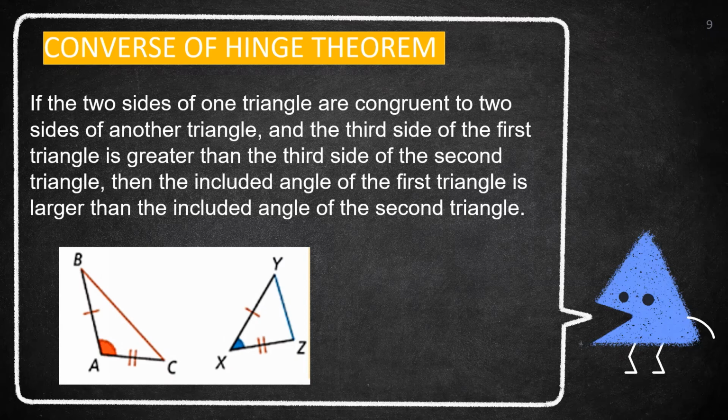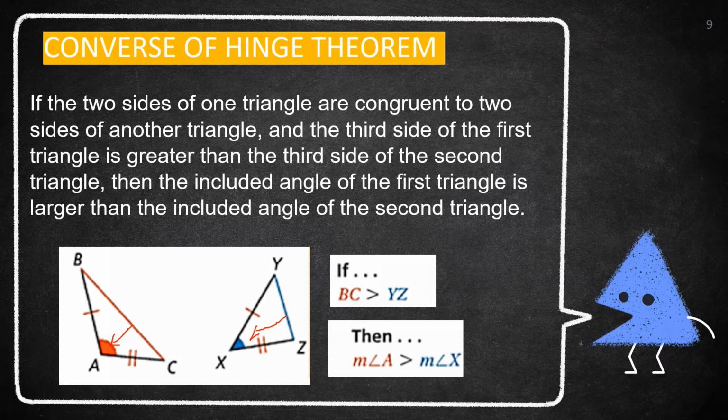So we have, if AB is congruent to XY and AC is congruent to XZ, and if BC is longer than YZ, then of its opposite angle, we can say that the measure of angle A is greater than the measure of angle X.